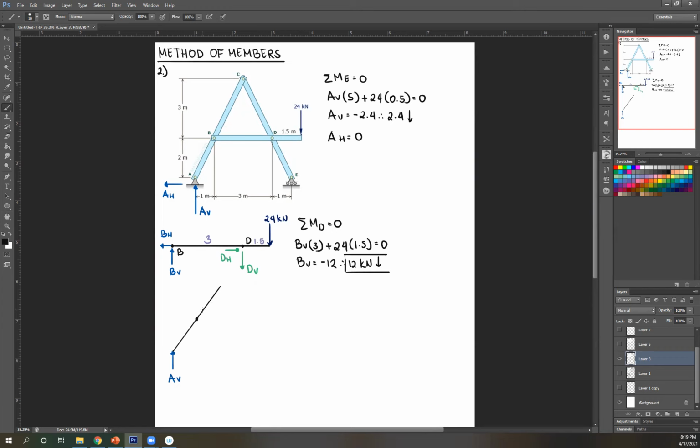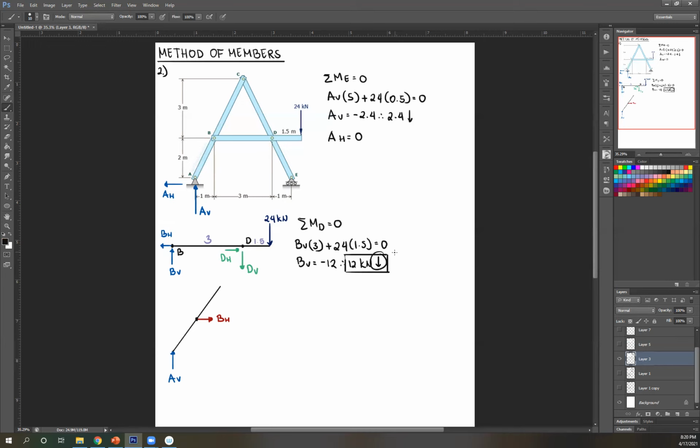For hinges, for method of members, forces are opposite of what you originally assumed. So meaning, I assumed BH is to the left on this member. Therefore, here I should write the opposite, so to the right. Same thing here. For this case, this is an incorrect assumption.